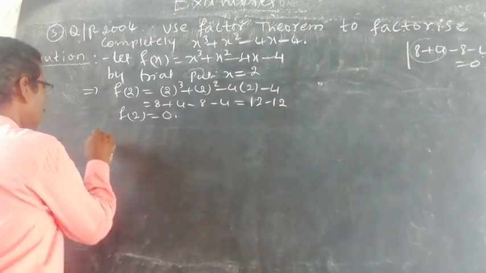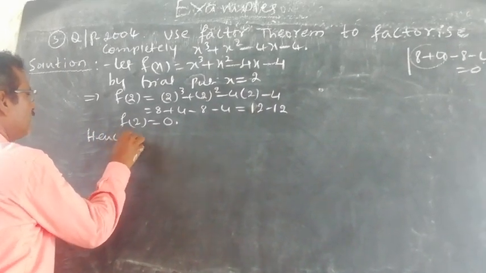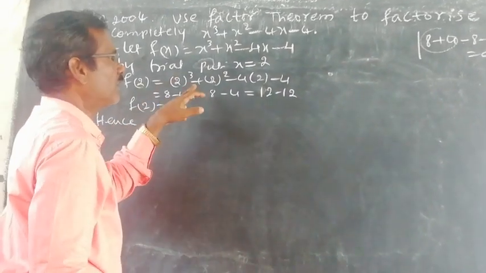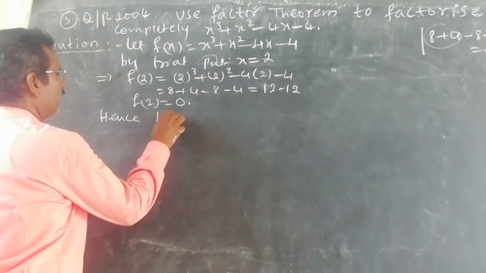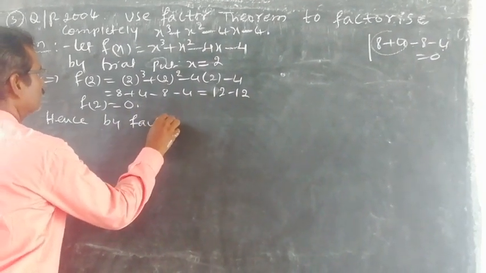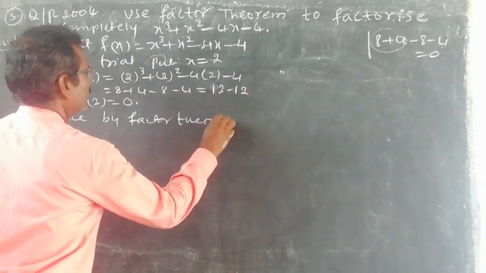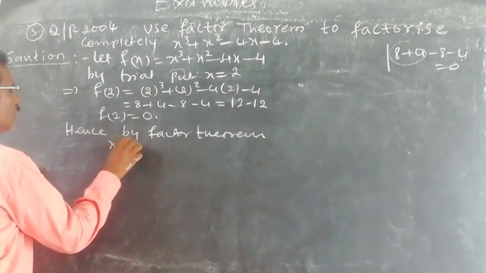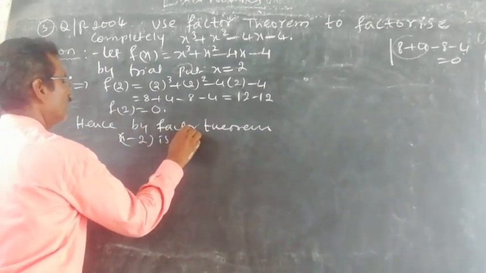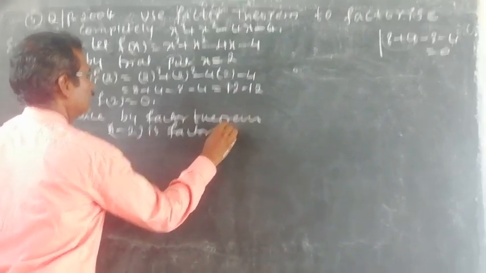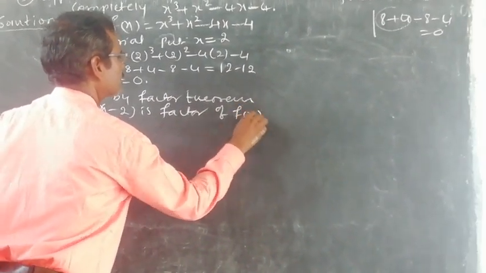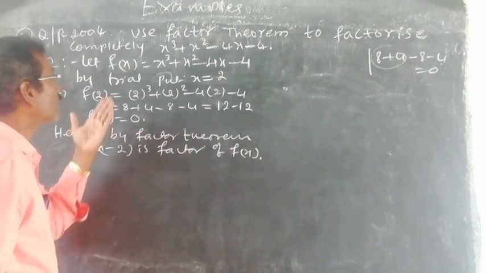Hence by factor theorem, x minus 2 is a factor of f(x).